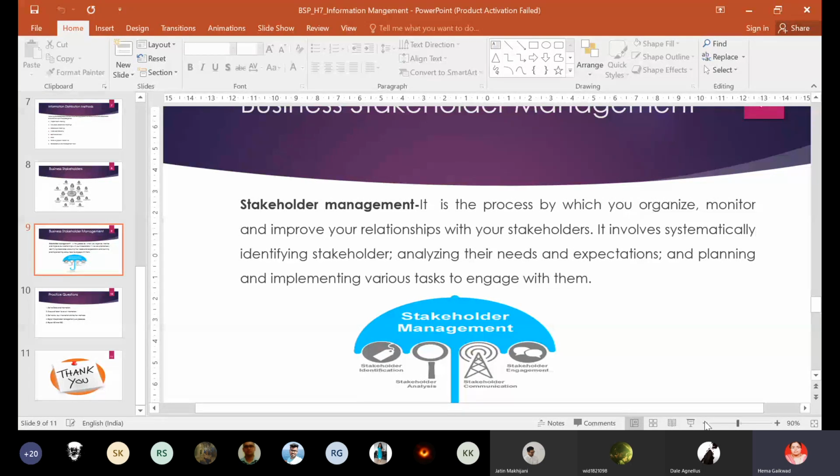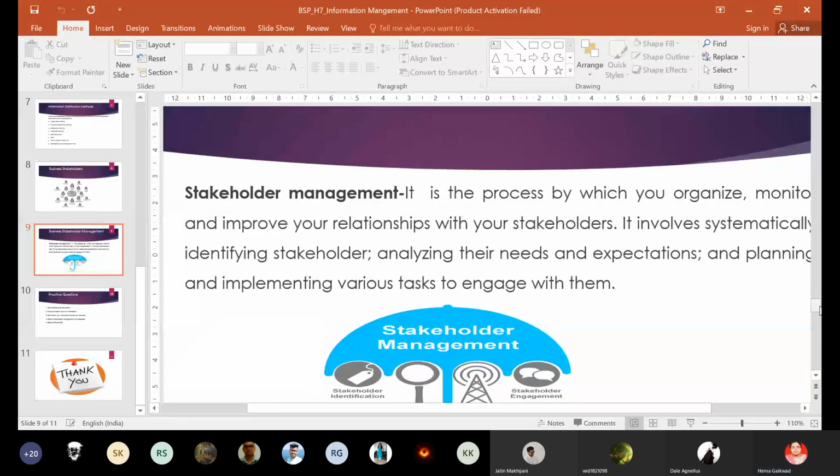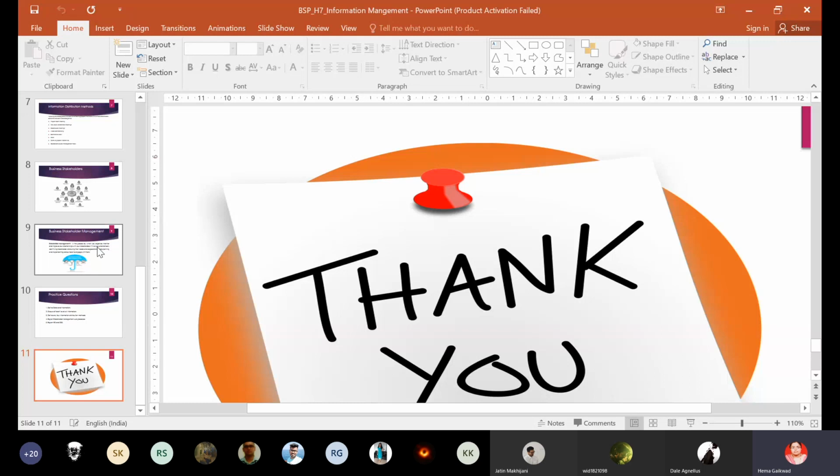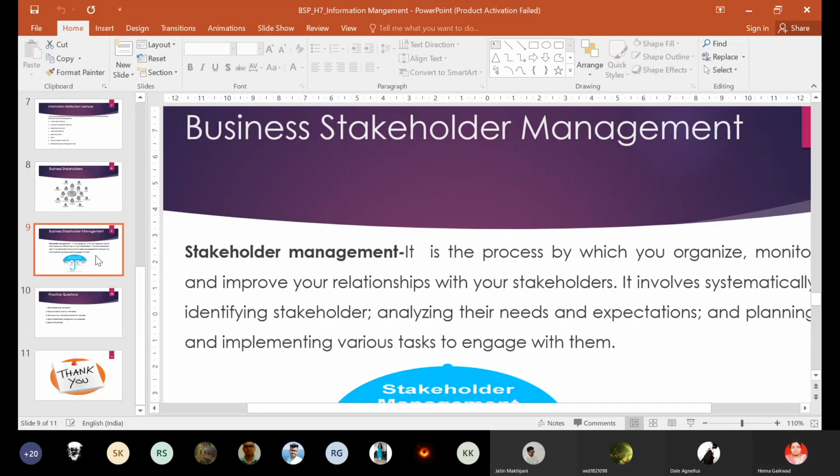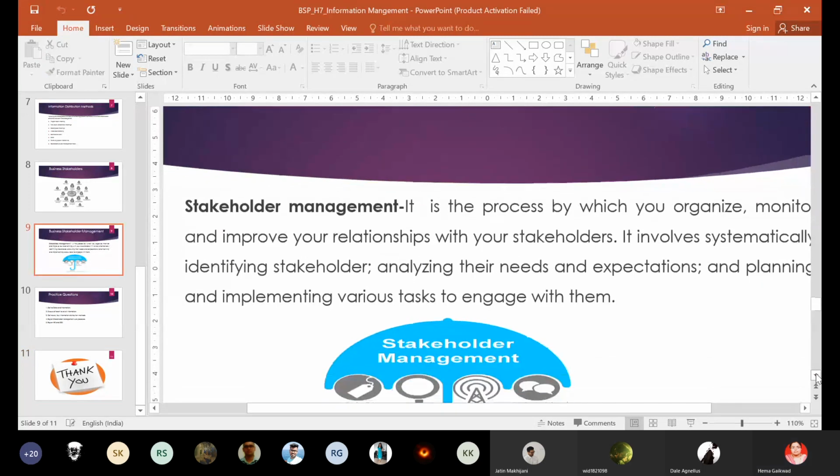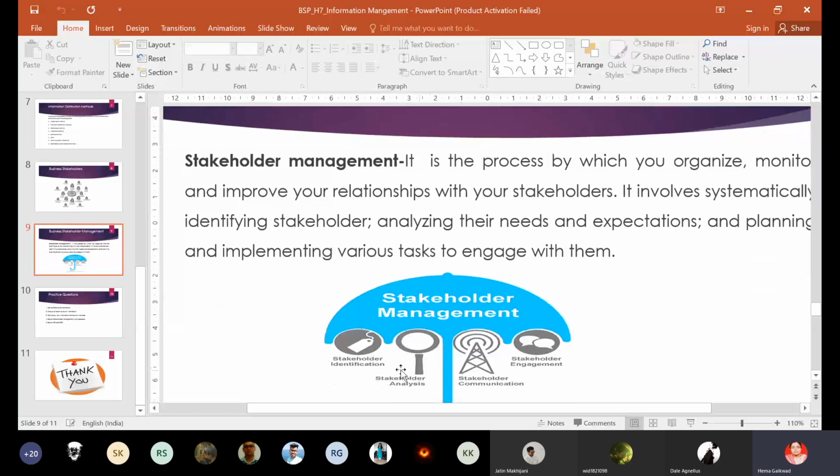That means if you want to manage the stakeholders, you have to perform all these steps, and the steps are: the first is stakeholder identification, the second is stakeholder analysis, the third is stakeholder communication, and the last one is stakeholder engagement.